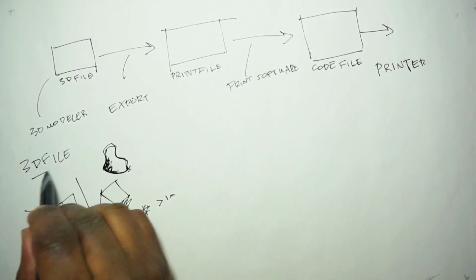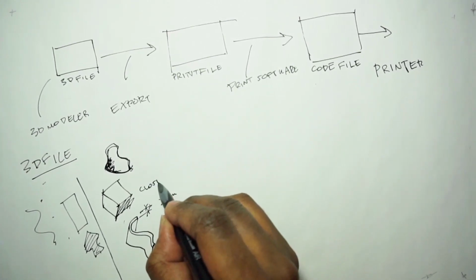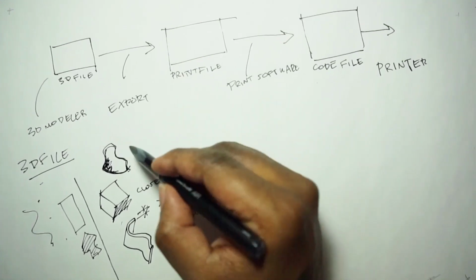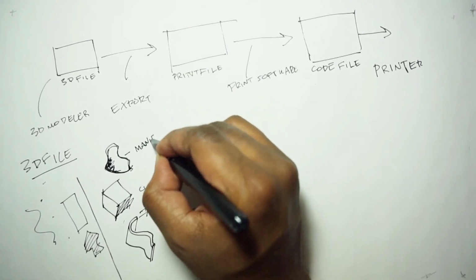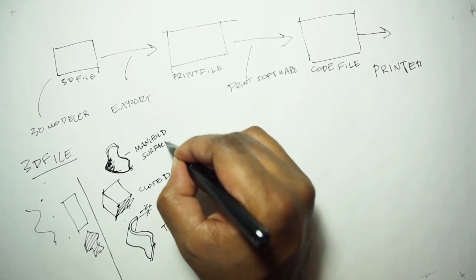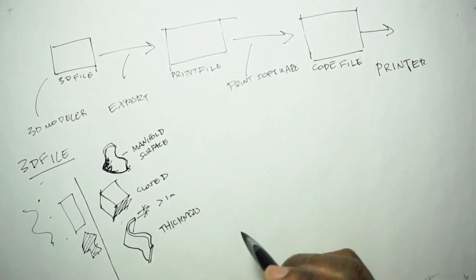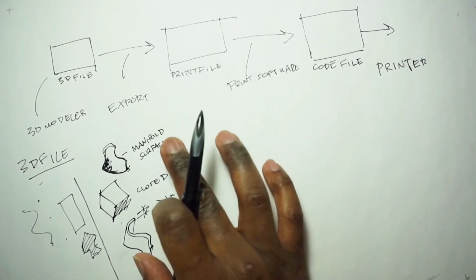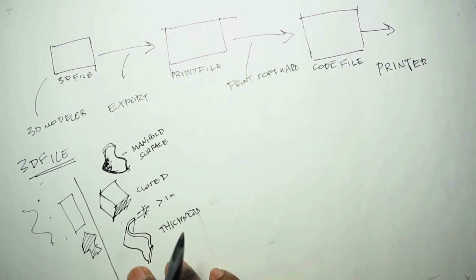So that's your quality 3D file, and because it's both closed with a thickness and also with no holes, then you could call that a manifold surface. And different programs have different names for these closed objects. Some programs call them polysurfaces, and that's essentially what your 3D file is to be ready for a 3D printer.